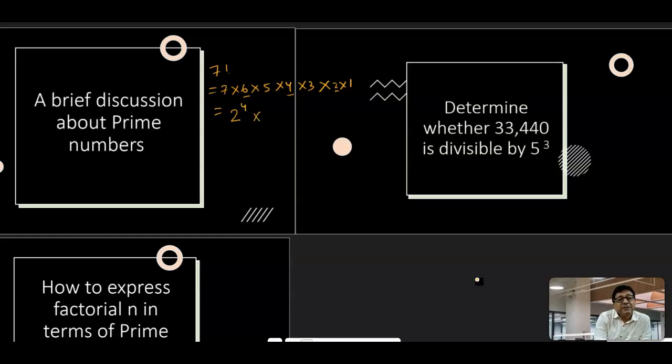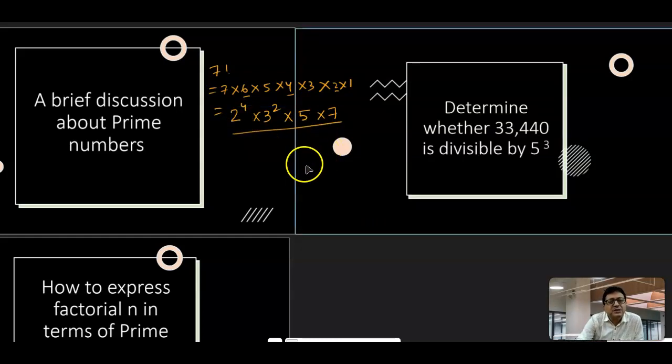How many times is 3 occurring? 3 is occurring here also, so it is going to be 3 square. Next, 5 occurs once, and 7 occurs once. So factorial 7 we can express in terms of prime factors, which you call the prime factorization of a number. As factorial 7 is a natural number, it will have a representation in this form, in terms of prime factors.